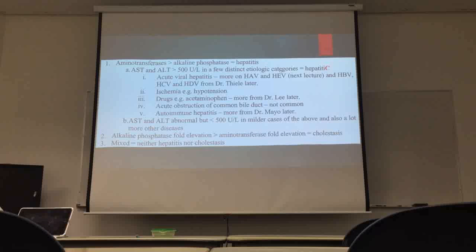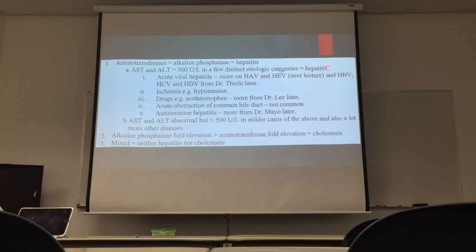So if AST and ALT are disproportionately higher than your alk phos and GGT, then you'd think hepatitis or hepatitic. Yeah, you think it's liver centric. And then under that, if you have a severe elevation, you think it's a hepatitic process.